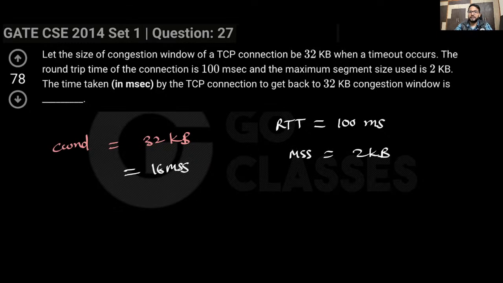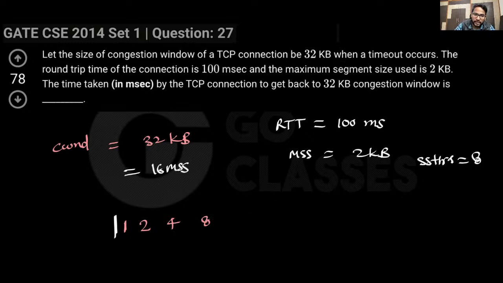So they are saying that when the timeout occurs, the congestion window is this, which means you will set your threshold to be 8, and since it is a timeout, you will start with the slow start. You will say this is 1, this is 2, this is 4, this is 8, and then you reach the threshold.